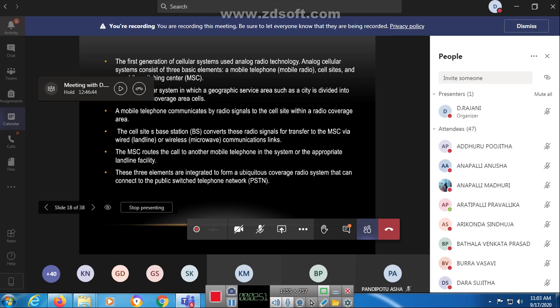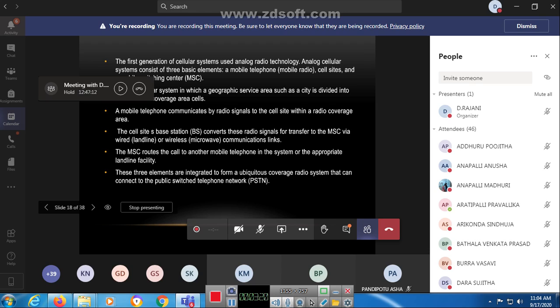Okay. So another one is the cell site. What does cell site mean? We know from the last classes that for any cell, it has one nearer base station. From the base station we can give the signals to the cell, and the cell will receive the signals, then it covers the area.